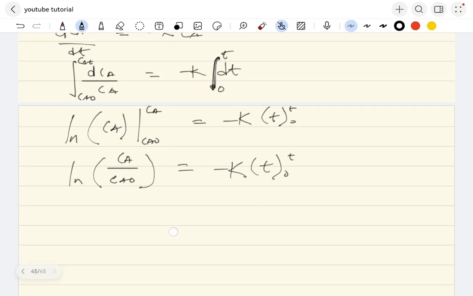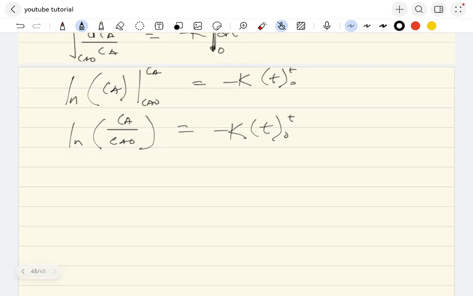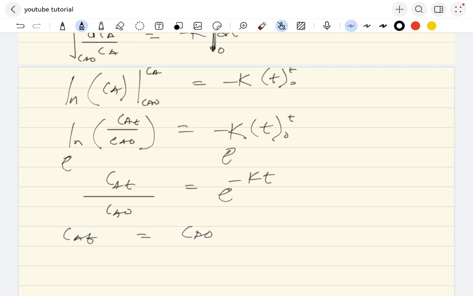Okay, by going further. Because you want this CA, you have to take the inverse. So you are going to get CA at time t equals CA naught e to the minus k t. Then our CA at some specific time is CA naught e to the minus k t.